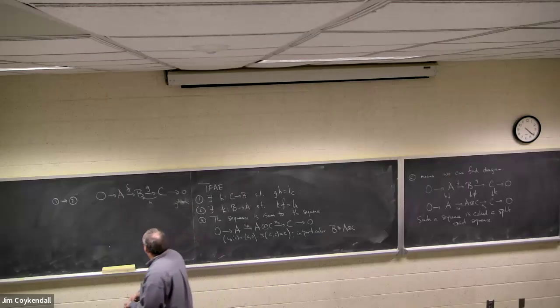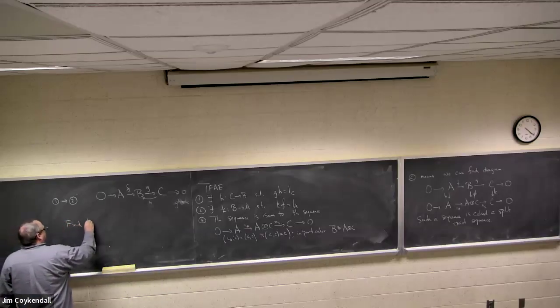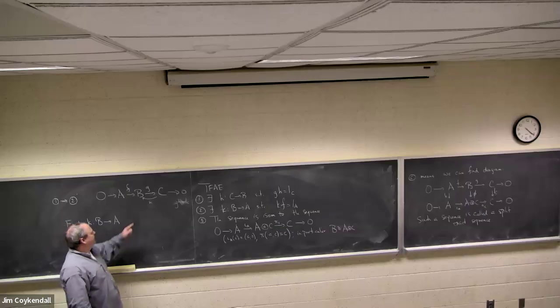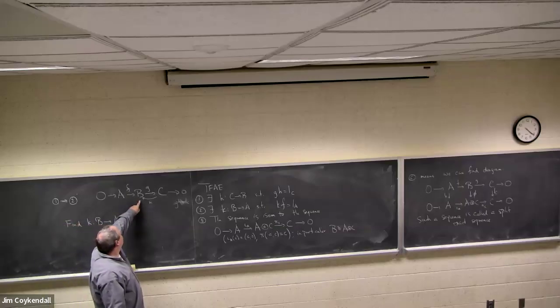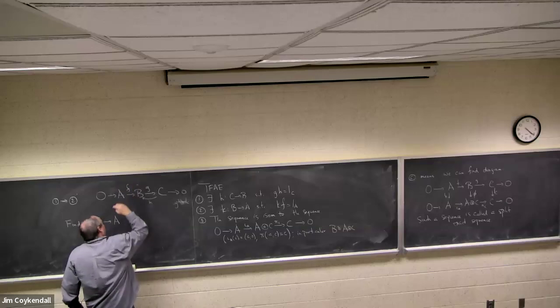The big question is, what's an intelligent way to start with a B in here and get over here?